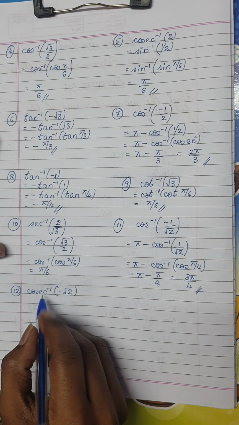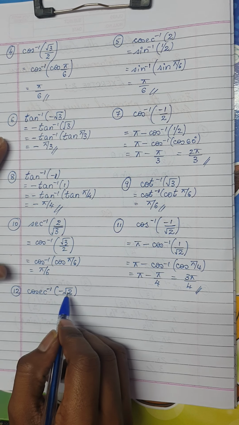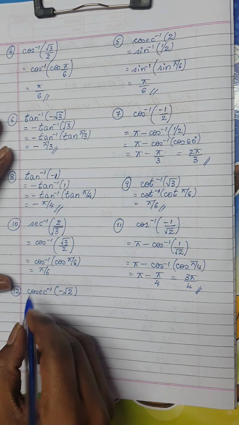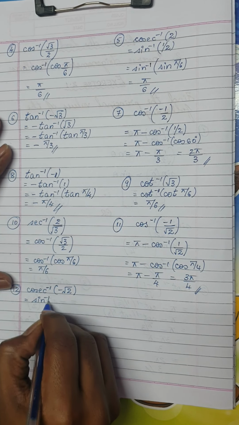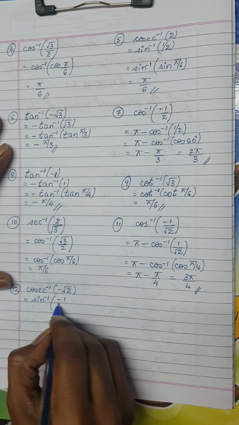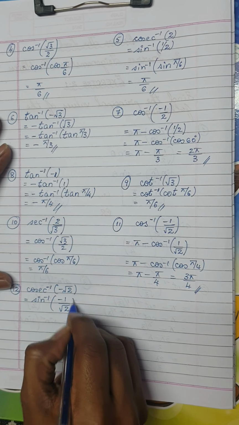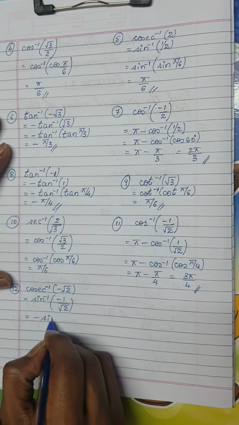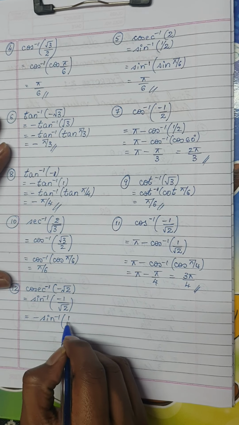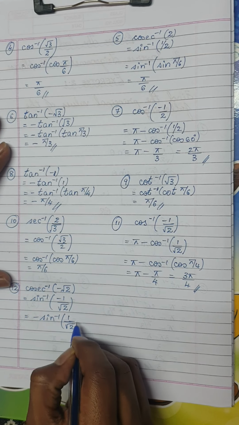Moving on to the next question. I have cosecant inverse of minus root 2. As I told you, if you are not comfortable with cosecant inverse, convert it into sine inverse of minus 1 by root 2. This is more comfortable. Sine inverse of minus x is directly minus of sine inverse x, that is 1 divided by root 2.